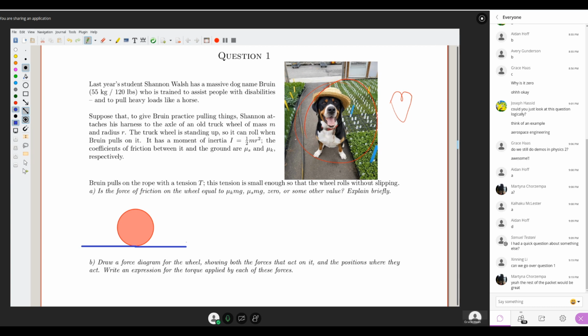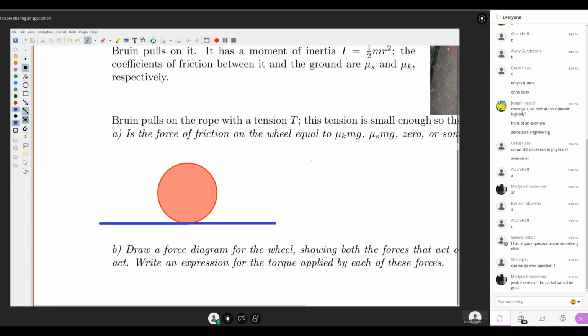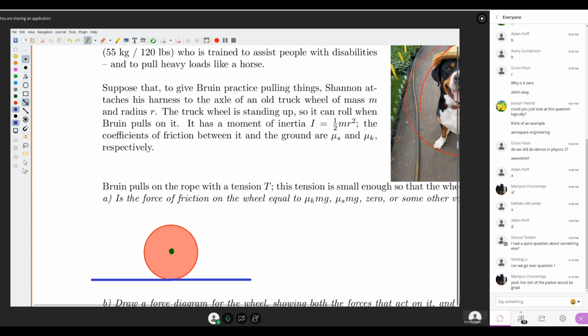There we go. So what forces act on the wheel? Well, the rope is attached to the axle of the wheel. It's attached here to the middle. I don't think I want an arrow that's quite that fat. So that's the tension.